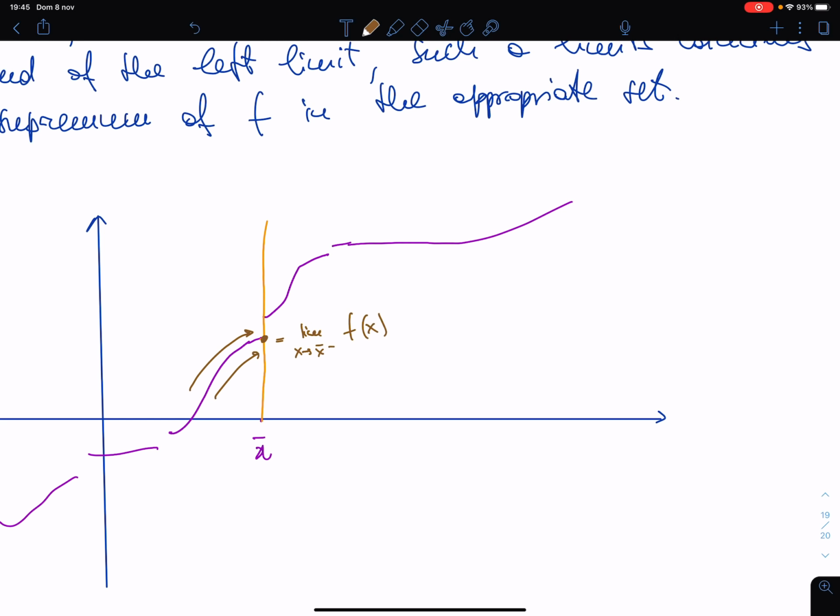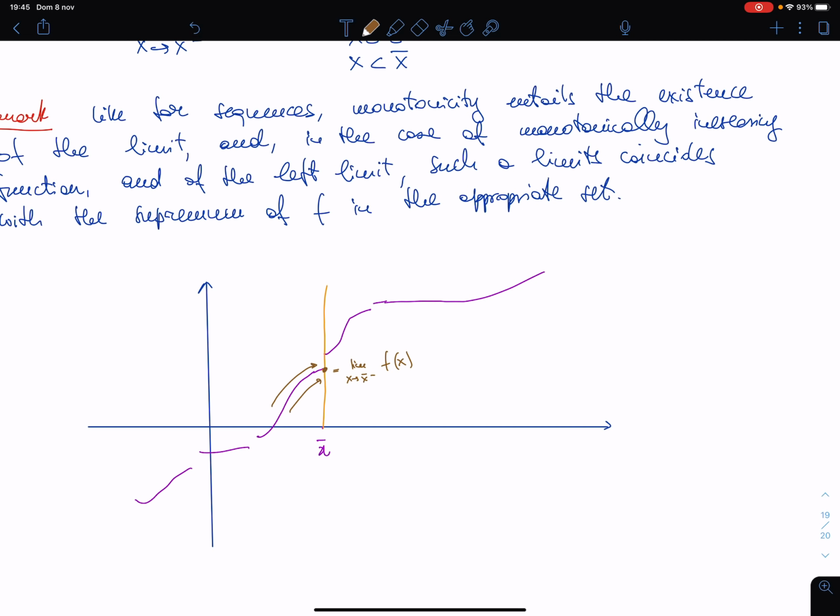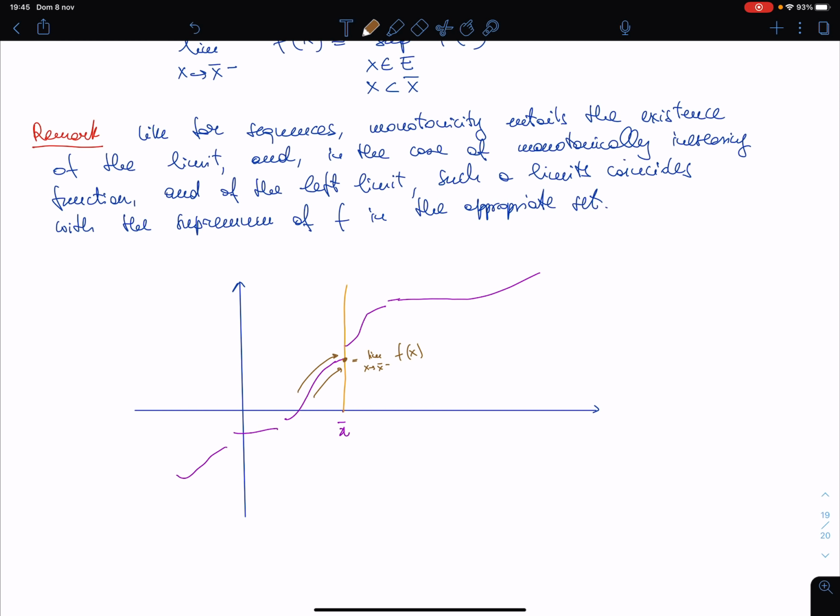And this is what the limit says, regardless of what happens at x bar or at the right of x bar. From the left, if monotonic increase is fulfilled, you have the limit, and the limit is the supremum.